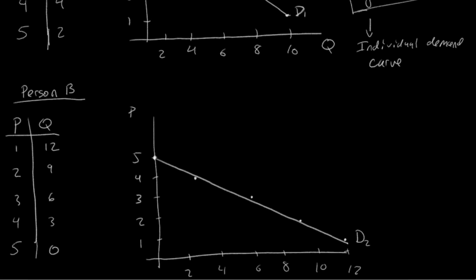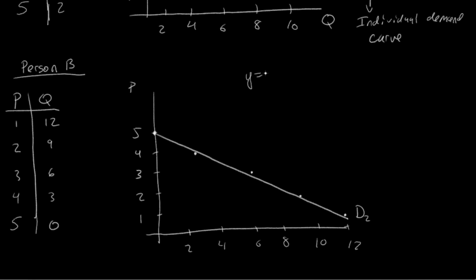We're going to do the same thing and find the equation of this demand curve, using point slope form: y equals mx plus b. M is going to be equal to, with this point at (0, 5) and this point at (2, 4), 4 minus 5 over 2 minus 0, which is minus 3/2.